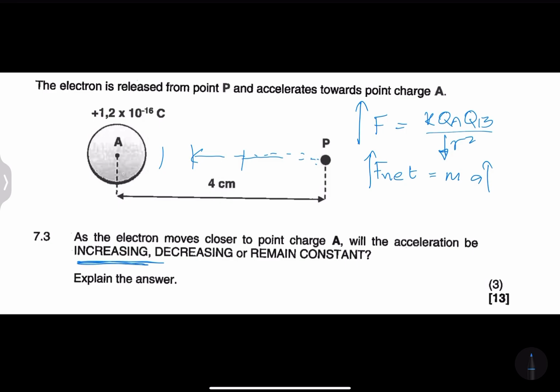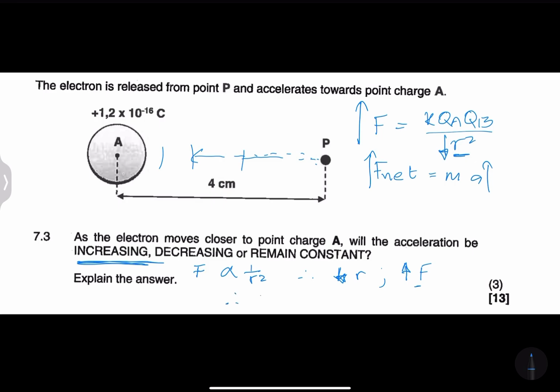To explain that, all we simply say is that the net force between the electron and the charge A is inversely proportional to the square of the distance. So therefore, the smaller the distance, the greater the force. When distance decreases, force increases.